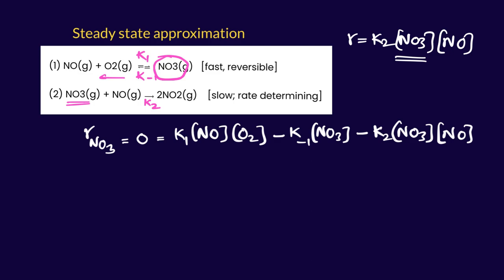How to remove it? From this equation we have to separate the NO3 term. So this part I will take to the left side.